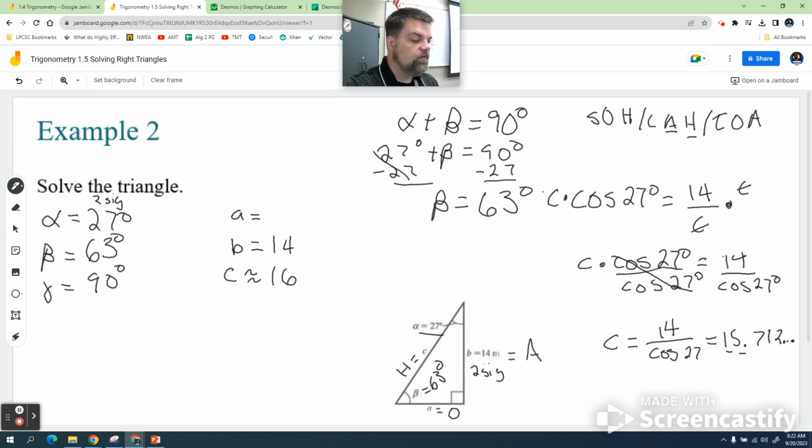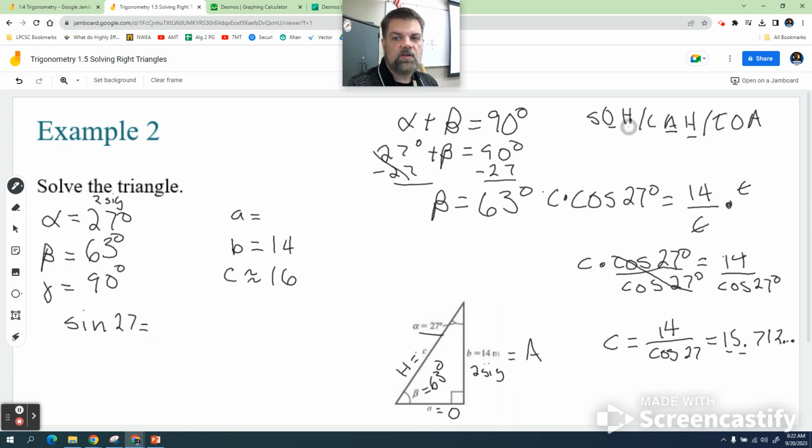Now, how do I solve for A? I do the same thing, but now A is the opposite. So I'm going to go through and do the same thing, but I'm going to use sine. So if I say sine of 27 degrees, remember that it's the opposite over the hypotenuse.